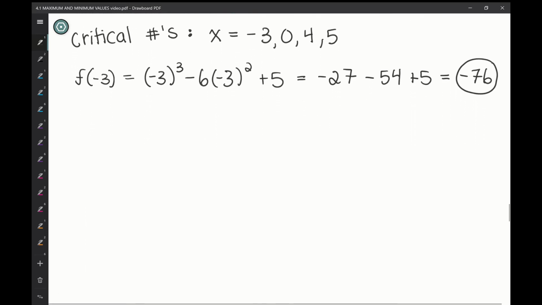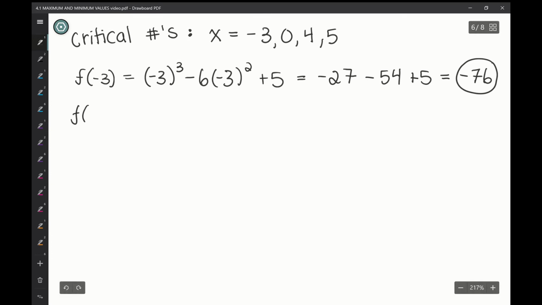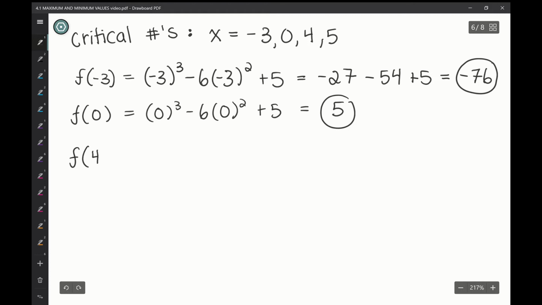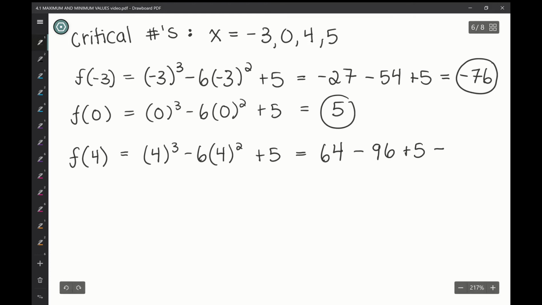We need to find 3 more outputs. We have to find f of 0, which will be equal to 0 cubed minus 6 times 0 squared plus 5, which gives us 5. We need to find f of 4, which will be equal to 4 cubed minus 6 times 4 squared plus 5, which is equal to 64 minus 6 times 16, which gives us 96, plus 5. 64 minus 96 plus 5 is negative 27.